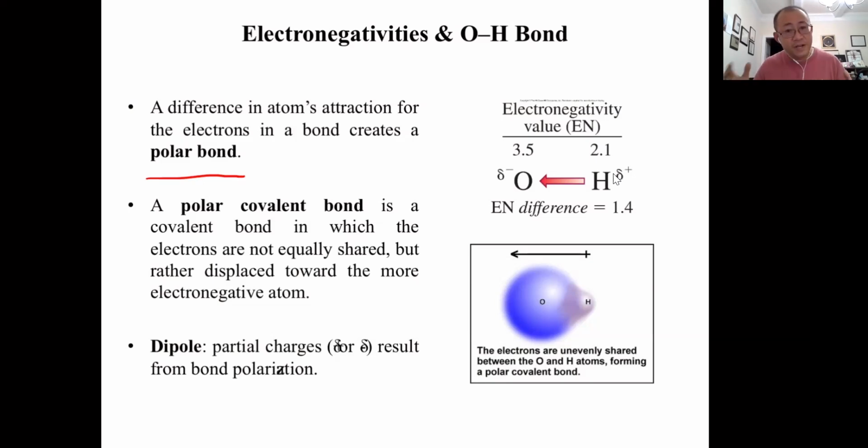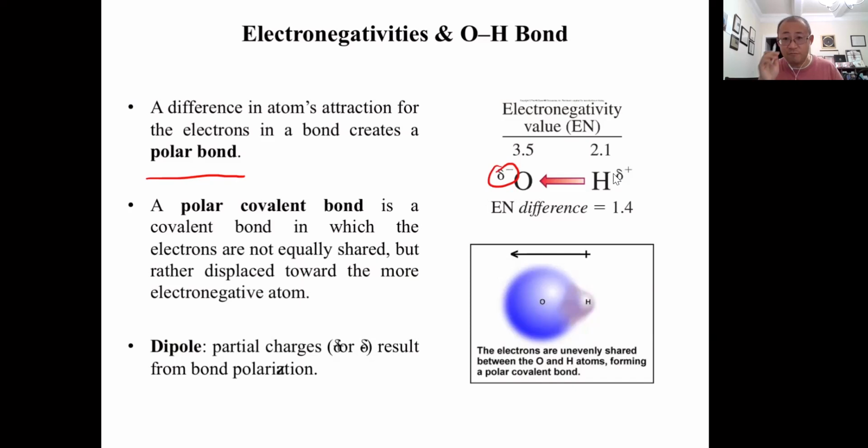So the bond between O and H is called a polar covalent bond because the electrons are not equally shared. Because the electrons are negatively charged, oxygen attracting electrons more towards itself makes the oxygen atom bear a slight, or partial, negative charge.